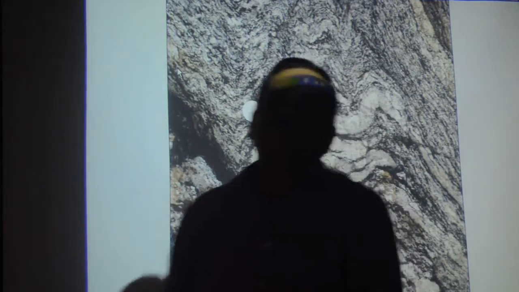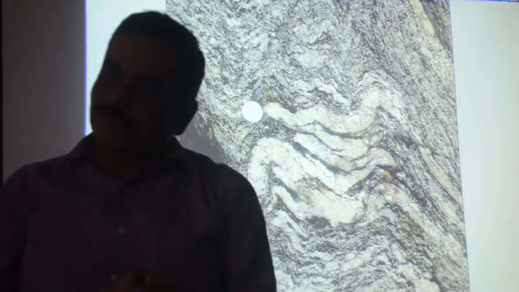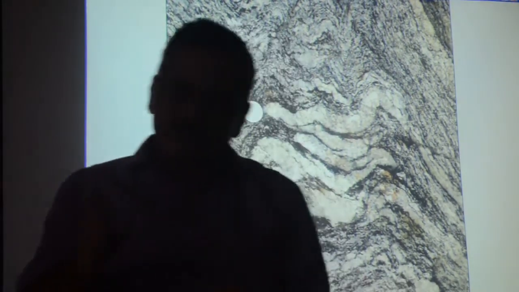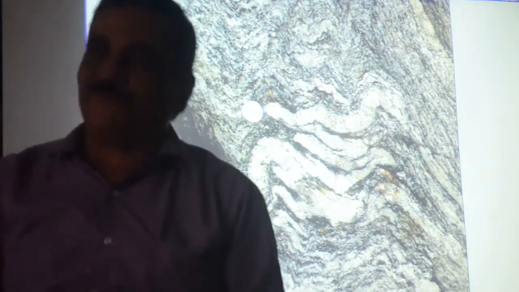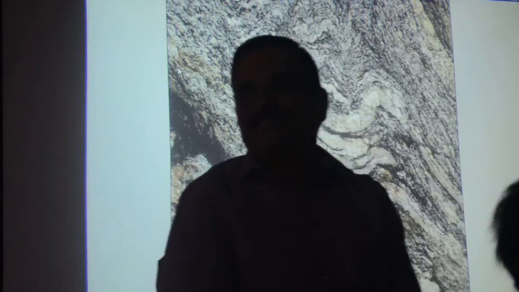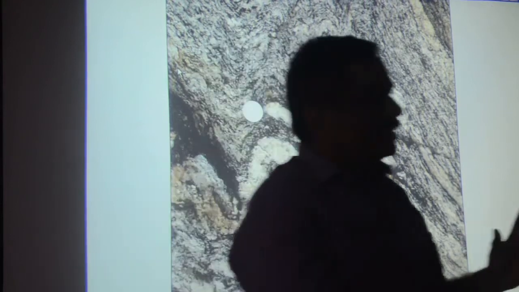So that is an F1 fold. So the distinction between F1 and F2 is with respect to the S1 plane, S1 schistosity. If S1 schistosity is parallel to its axial plane, it is an F1 fold. If S1 schistosity is folded, that is an F2 fold or F3 fold, subsequent folds. Did you understand the point or not?